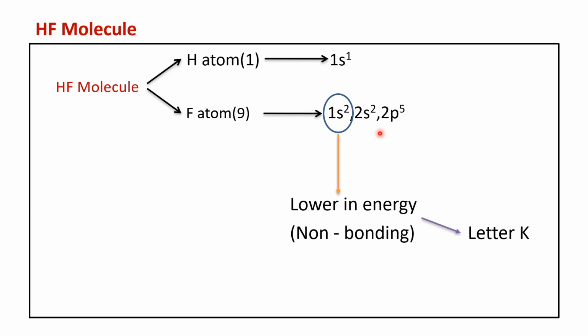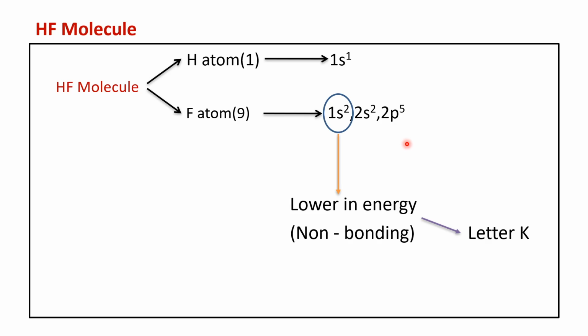Then, we have to form a bond between the hydrogen and the fluorine. From the hydrogen, we have to consider only the single electron, and also from the fluorine, we have to consider a single electron, and that single electron is from the 2p orbital. That means the 2s2 electrons are neglected, and we consider only one electron from the 2p orbital.